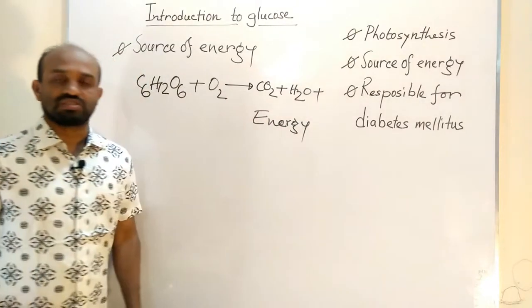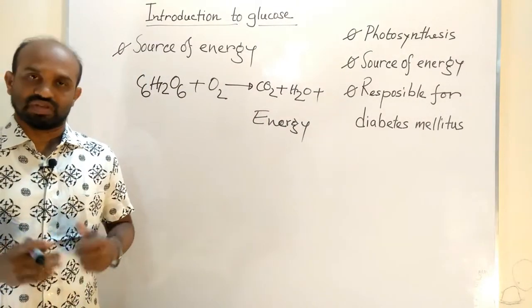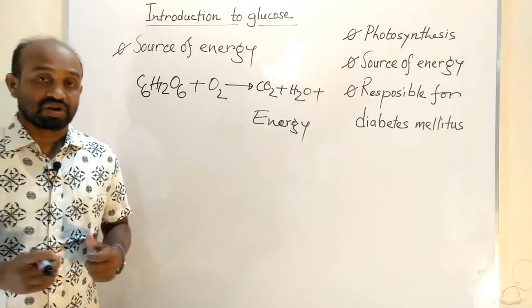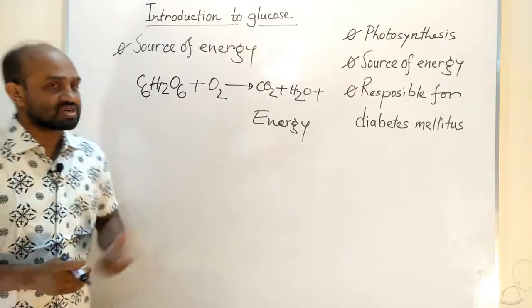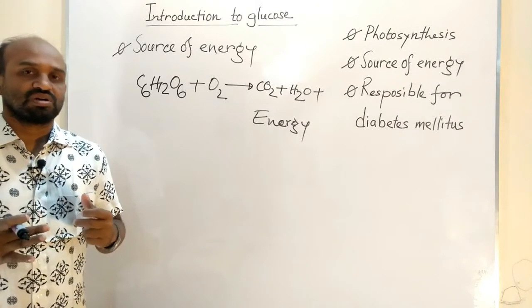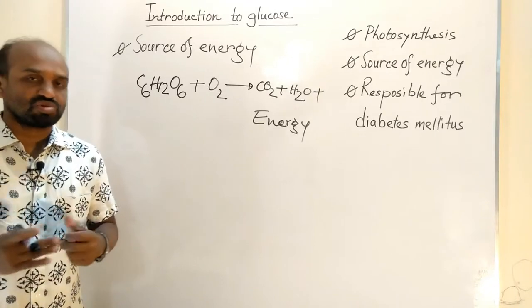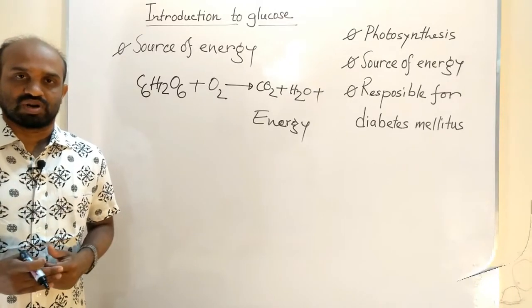This energy is used to run the lives of the living bodies. But how does this reaction happen, or what is the mechanism of this reaction? We will see the root of this reaction one by one.